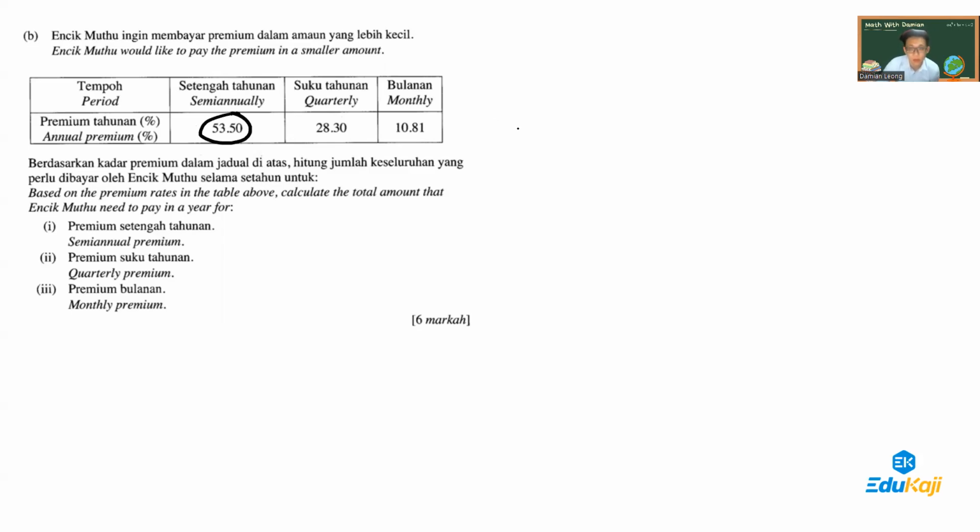Okay. So premium in half year will be 53.5%, means out of 100, times the annual amount.